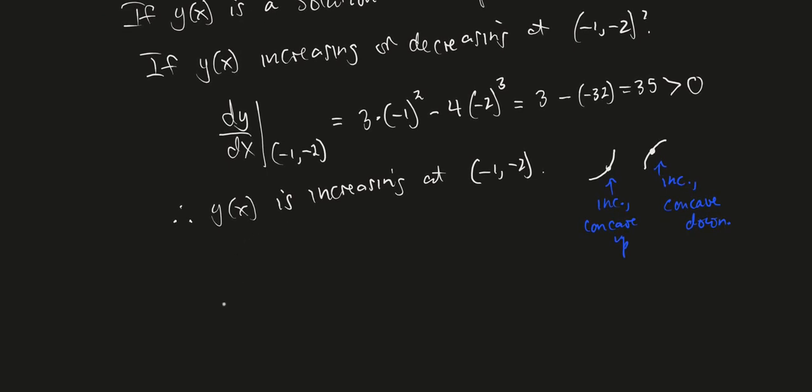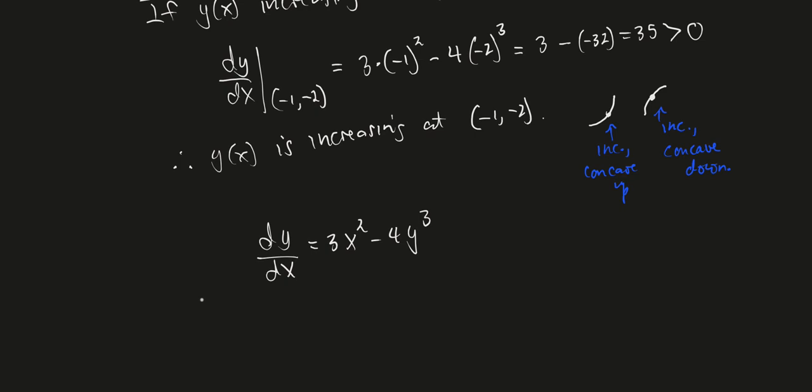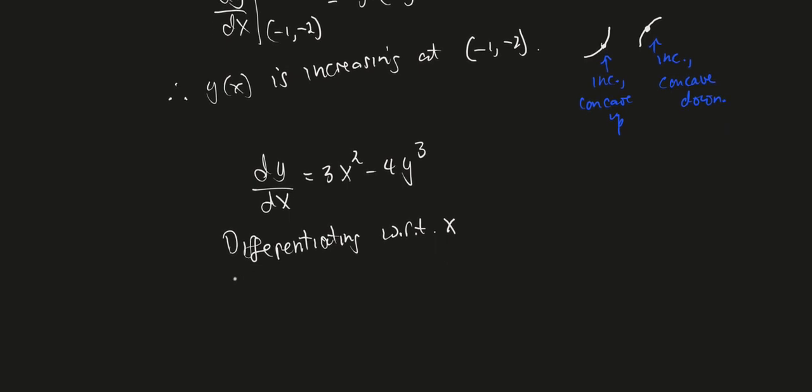And so let me restate it. dy/dx is 3x squared minus 4y cubed. Well, if I were to differentiate this with respect to x, because that's what I would have to do to find the second derivative, so differentiating with respect to x, this is what it would look like.